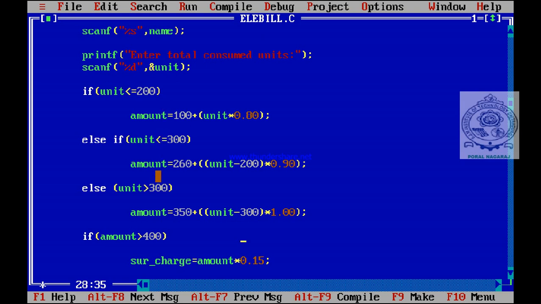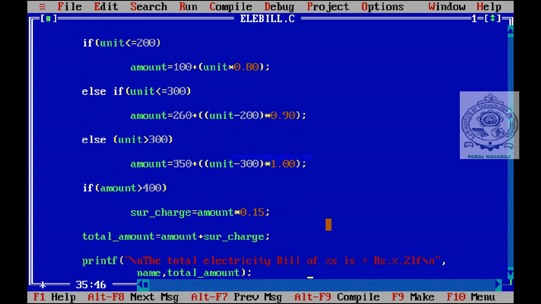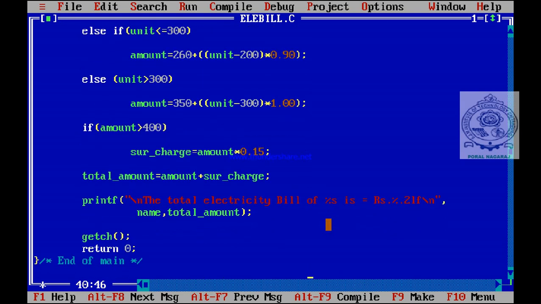Once we compute the amount, for that amount we have to add the surcharge. Initially surcharge is initialized to 0 during declaration. We add surcharge only if the amount is above 400 rupees. If amount is above 400 rupees, then the surcharge is amount into 15%, that is 0.15. This surcharge has to be added to the amount computed earlier.